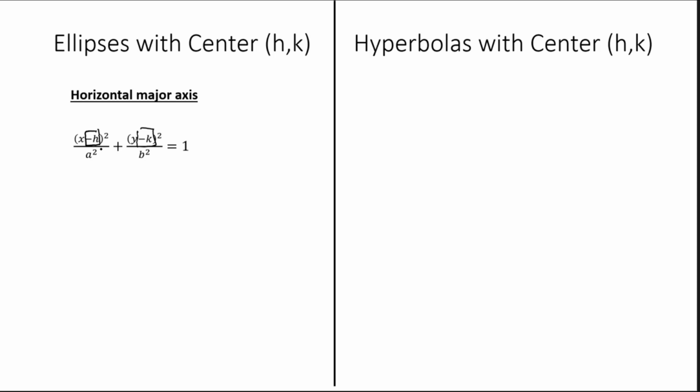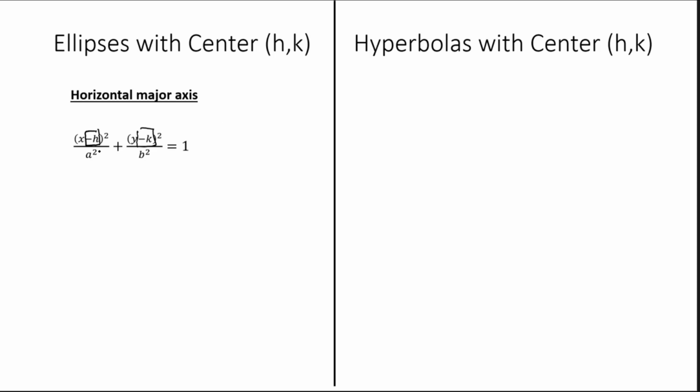So whatever is in the parentheses in the numerator with x and y will give us the center. If it's with the x term, it's going to let us know what the x number is for the center. And whatever is with the y in parentheses, that number will help us find the y value of the point.